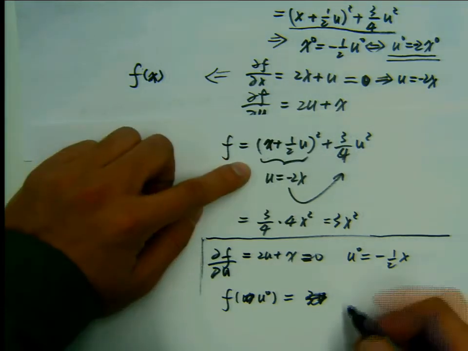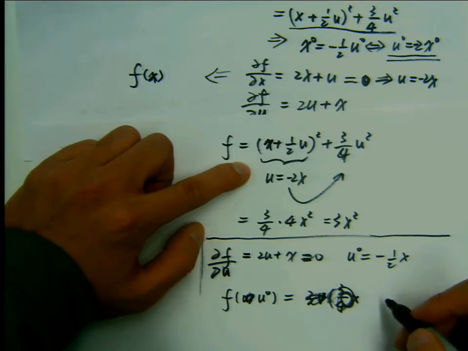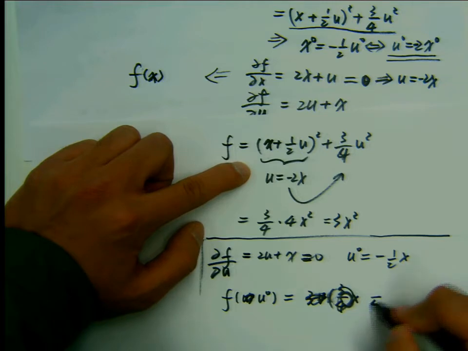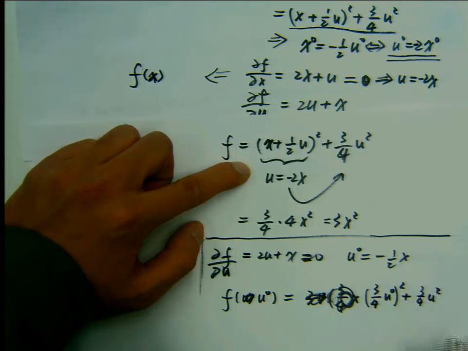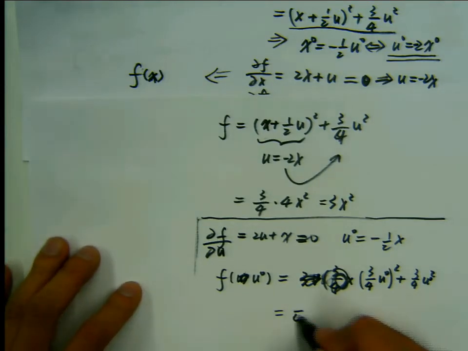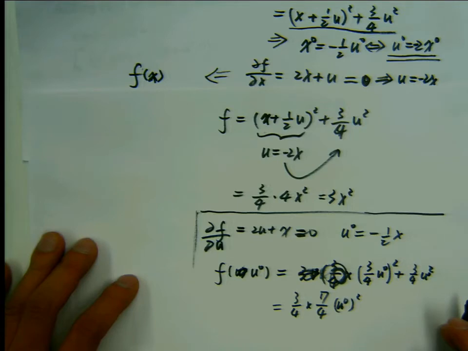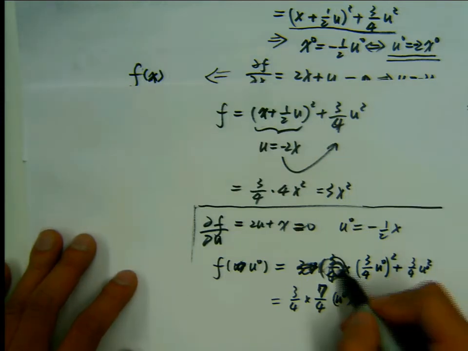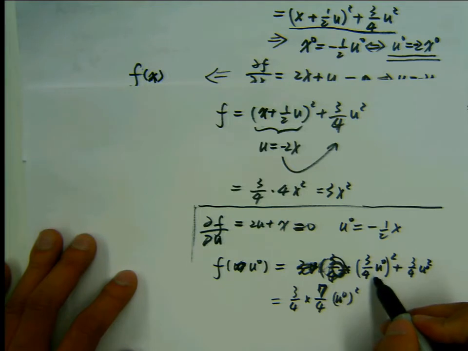So let's finish this. I'm going to express it as U, so I'm going to get x is 2u, plus u optimal square. Yeah, I made a mistake here.